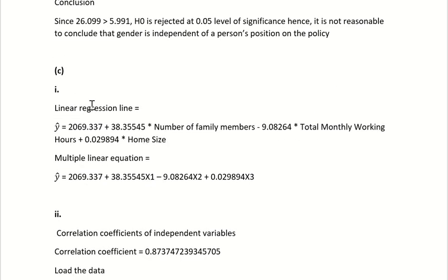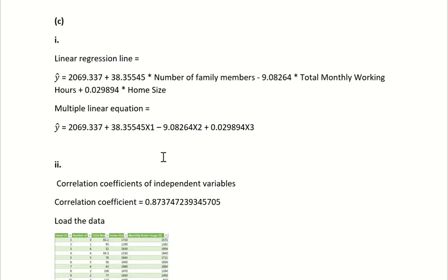So for case study 2 part C, which is the last question, the multiple linear equation is y equals the intercept plus the coefficient of number of family members, x1, minus the coefficient of total monthly working hours, x2, plus the coefficient of home size, x3. x1, x2, x3 are the variables needed to be keyed in for each particular column.